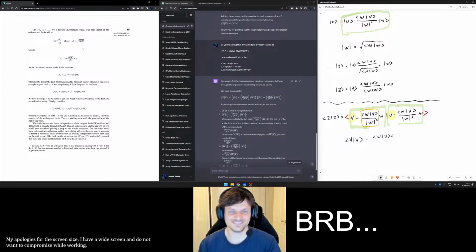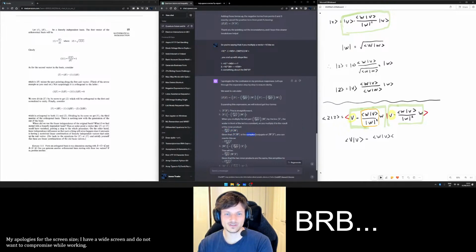Wait, wait, wait. When you multiply the ket part WV by the bra V, the scalar in front of the ket is a constant, so you multiply it to the result of the inner product.